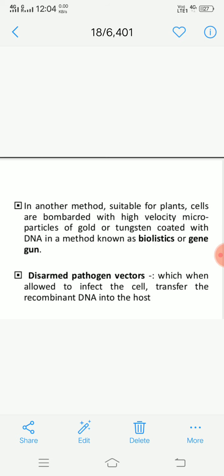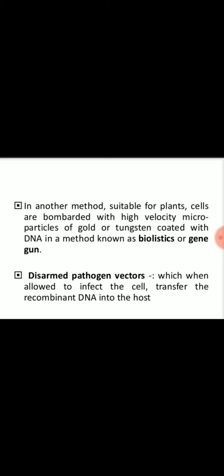The recombinant DNA molecule is coated with tungsten or gold and forced through the gene gun into the host cell, so that the host cell wall becomes permeable and can take up the recombinant DNA molecule.